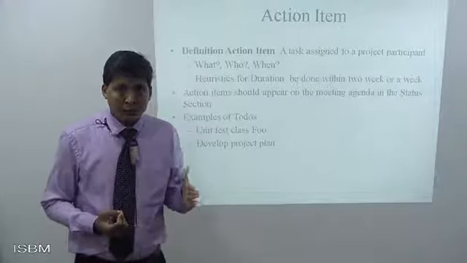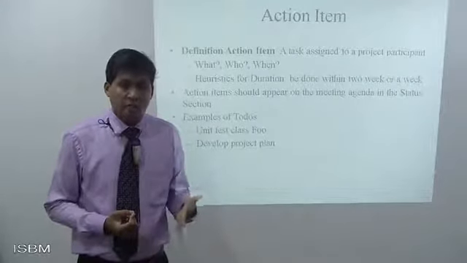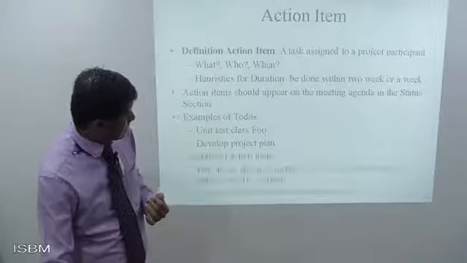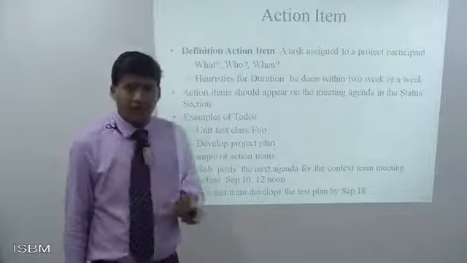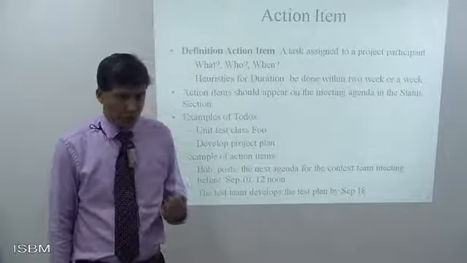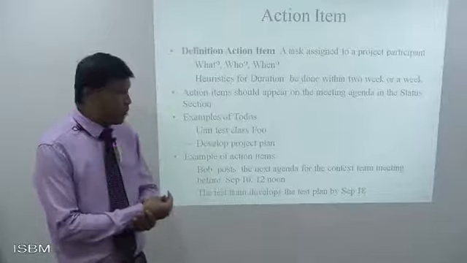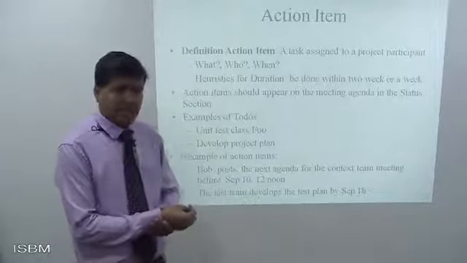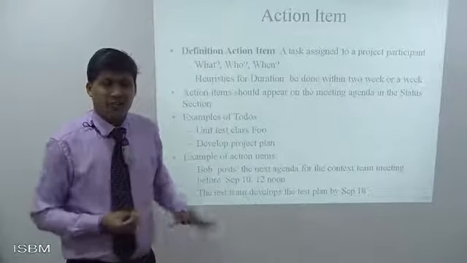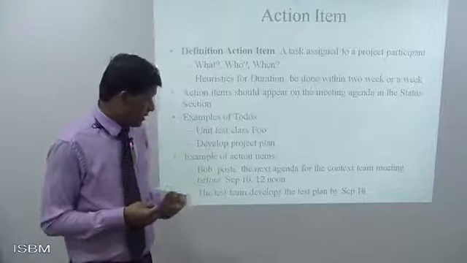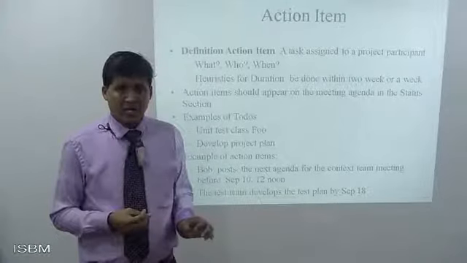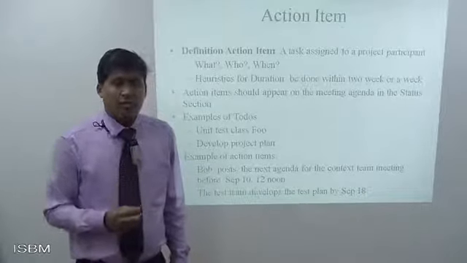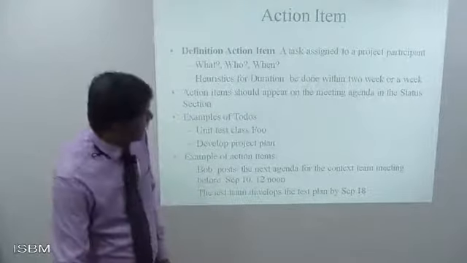All to-do lists are actually an action list for the task. Examples of action items could be: Bob posts the next agenda for the context team meeting before September 10, 12 noon. A very specific action. The test team develops the test plan by September 18. So timelines are given. The objective is pretty defined in terms of task as well, and hence the action item.